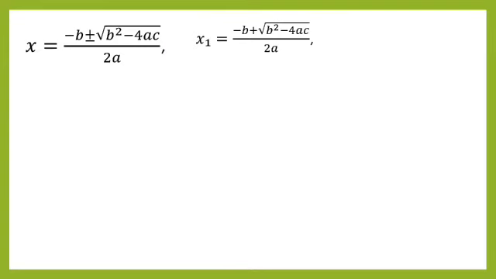We let x sub 1 be equal to negative b plus square root of b squared minus 4ac all over 2a, and x sub 2 equals negative b minus square root of b squared minus 4ac all over 2a. We can now determine the sum and the product of roots.